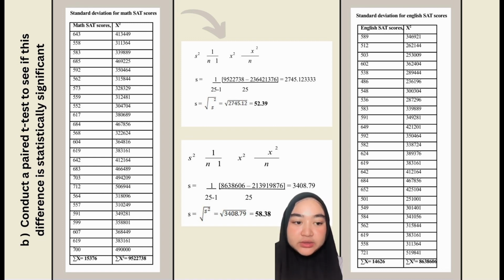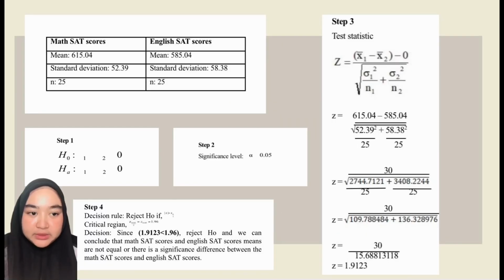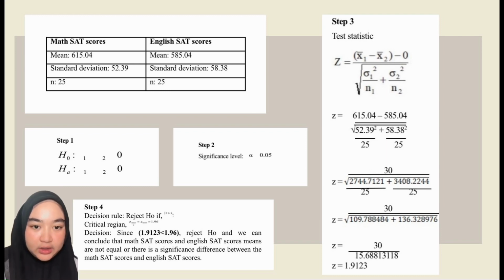For question 8b, conduct a paired test to see if this difference is statistically significant. The standard deviation for the math SAT score is 52.39 and the standard deviation for the English SAT score is 58.38. There are 4 steps.